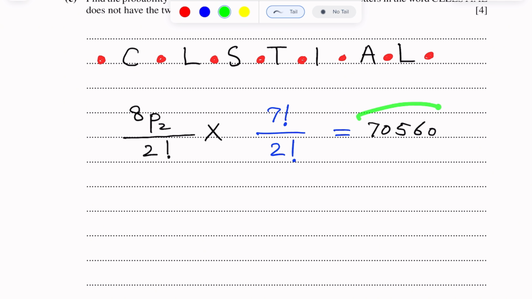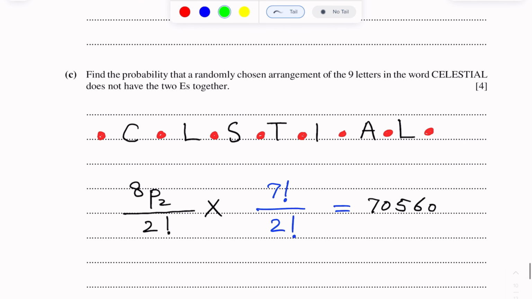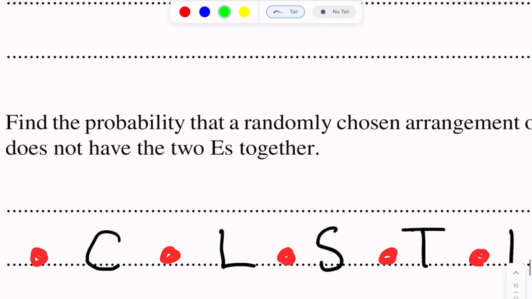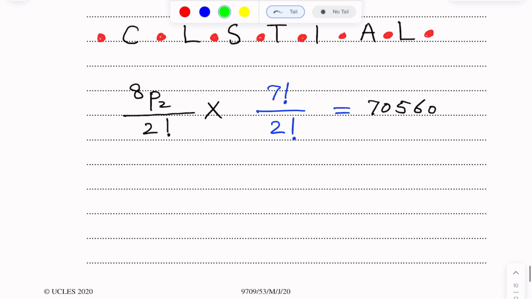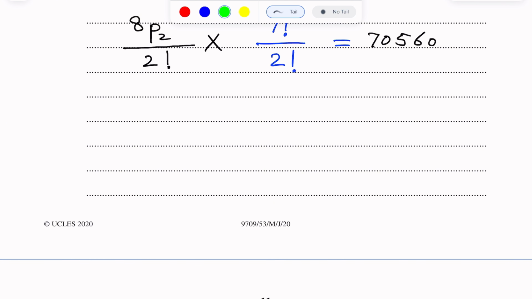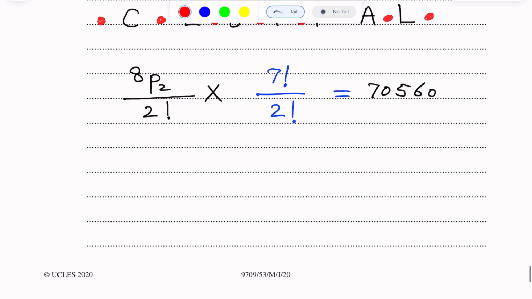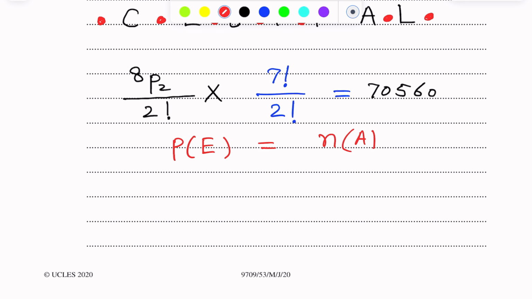These are the possible outcomes, but we have to find probability. The general formula for probability is: probability of any event will be number of successful outcomes over total outcomes.